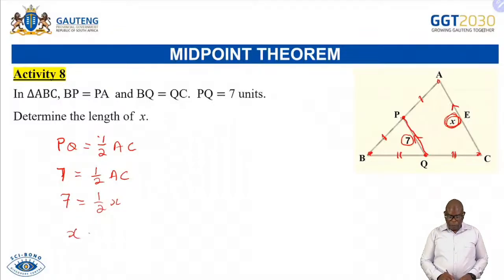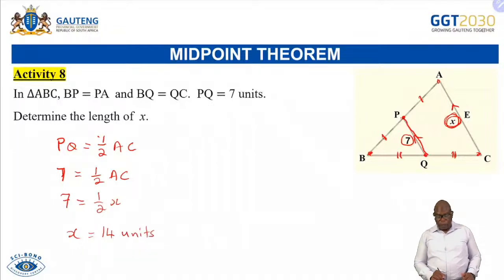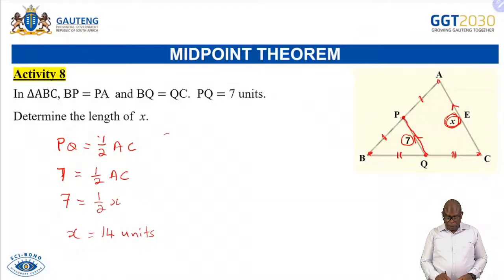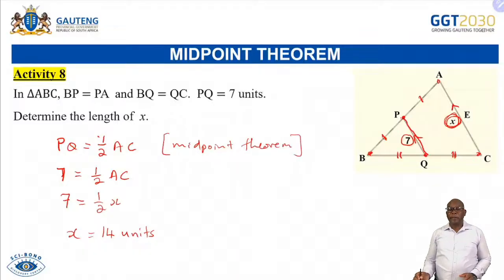We need the value of X here. So 7 times 2 is 14 units. The reason is the midpoint theorem. That's what you write.